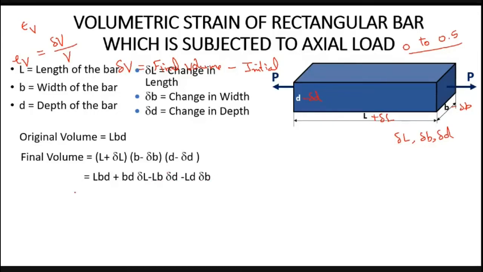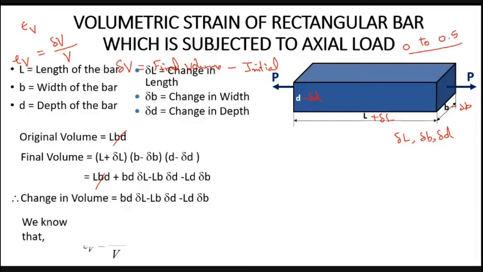So I am going to identify the change in volume. Change in volume is final volume minus original volume. So final minus original, LBD will get cancelled. These two get cancelled, and the remaining terms stay as they are. This is my change in volume. Now I'll go for the volumetric strain formula.